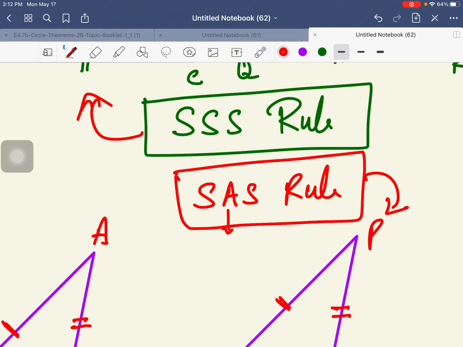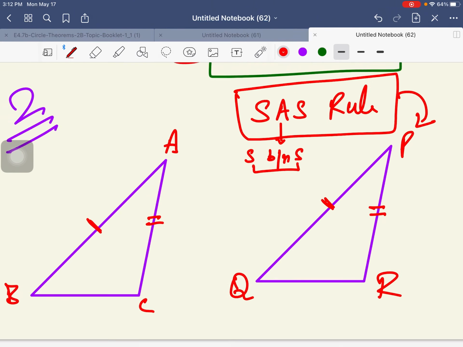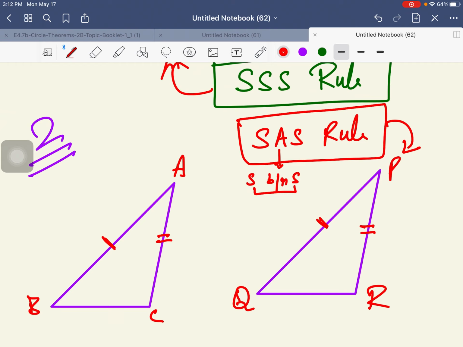This angle is between the equal sides. So in our case, if we take AB equal to PQ, PR equal to AC, then the included angle, the angle included between the equal sides, must be equal. So angle BAC should be equal to angle QPR.